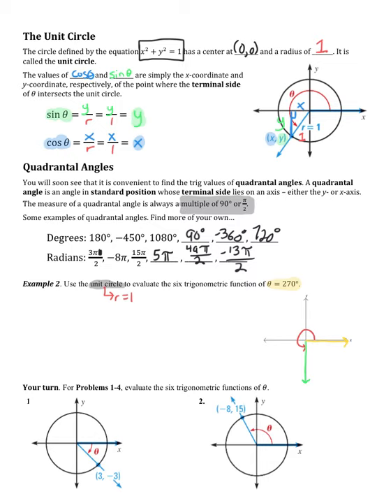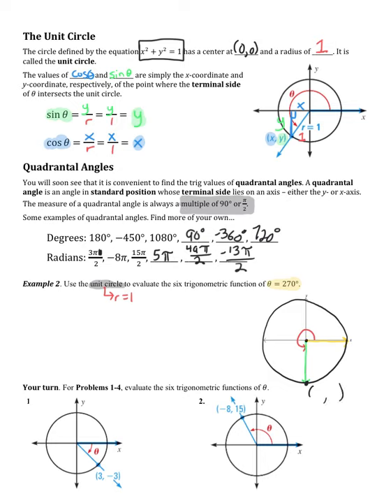And basically what it means is if I were to draw a circle on here, my unit circle, and I said the radius is 1, I want to know what are the coordinates of this point down here.